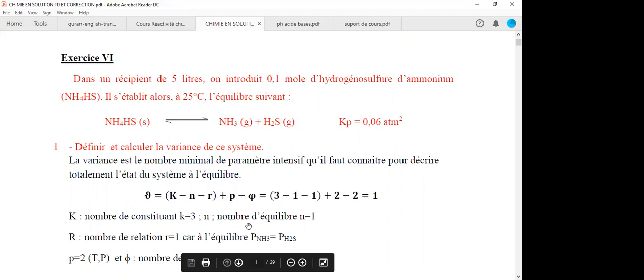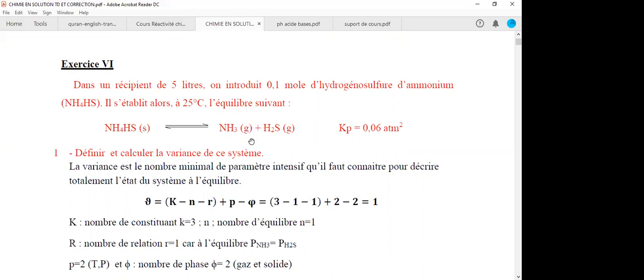N is the number de relations. If you remember, for N you need to check on the side of the products. If you have gas, check: the number of moles of this gas is equal to the number of moles of this gas, meaning I have a relationship between these two. So N is equal to 1.